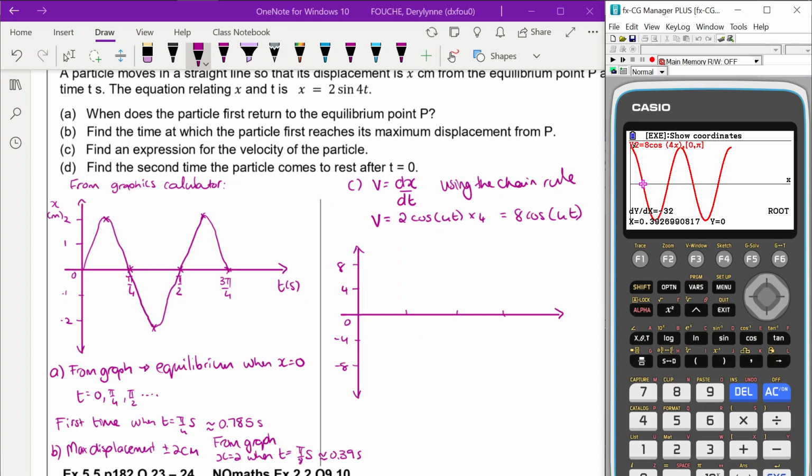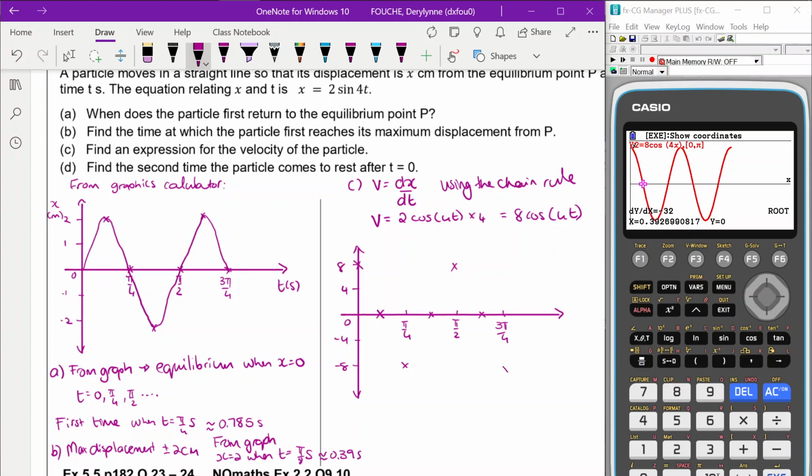And our maxes and our mins are going to happen at our pi's on 4s and our pi on 2. Alright, so if we keep our same scaling, pi on 4, pi on 2, and pi on 4, we know that we're crossing our x-axis here, positive 8, negative 8, and we're just copying it from our calculator.